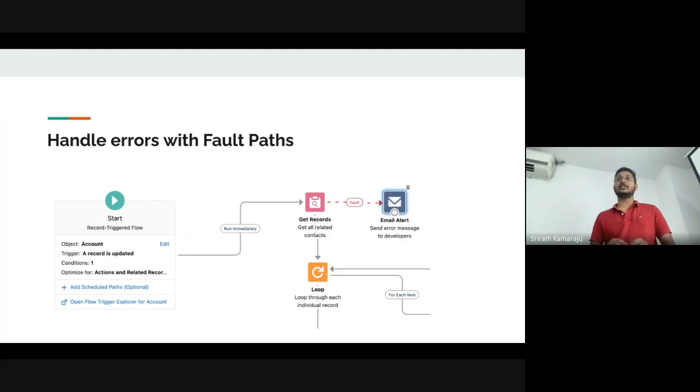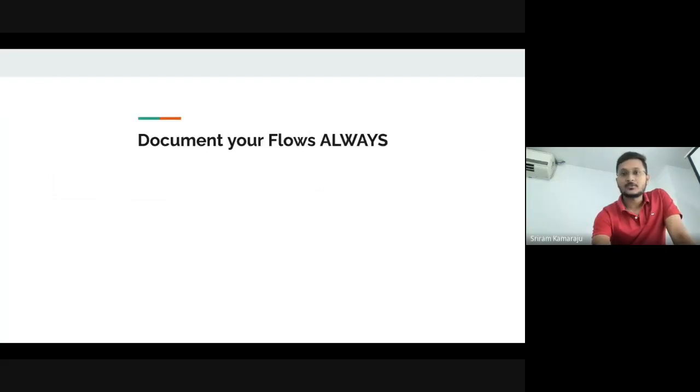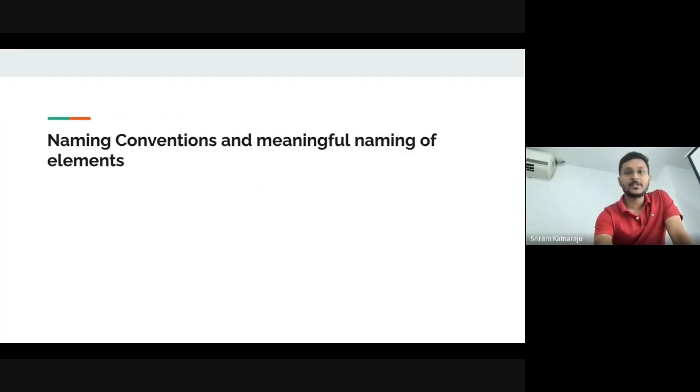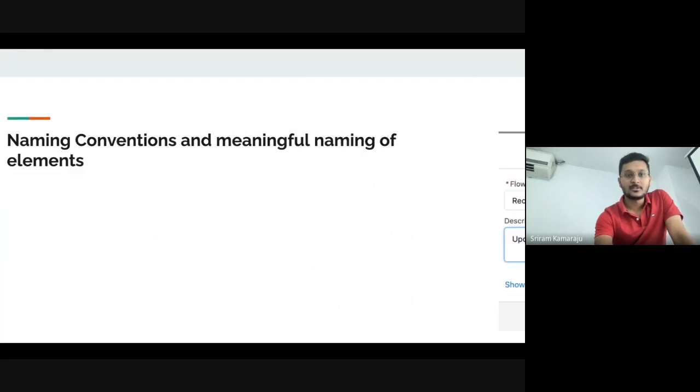Instead of just writing email alert, you can be as detailed as possible, so the flow looks better. Whenever some other person checks it, they will know the idea without opening each element and identifying what it is doing. So that is about naming conventions and meaningful naming of elements.